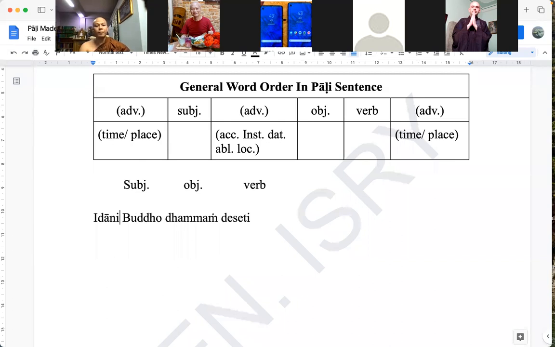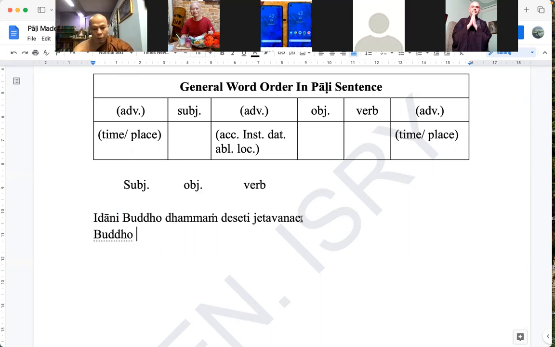Idani can also come between the subject and object, or after the verb. Sometimes Jetavane too. Idani Bodo Dhamman deseti Jetavane, or idani Bodo Jetavane Dhamman deseti. In this way, or maybe the other way also.